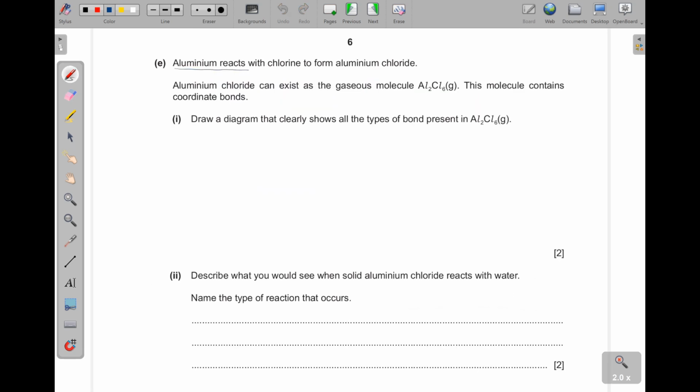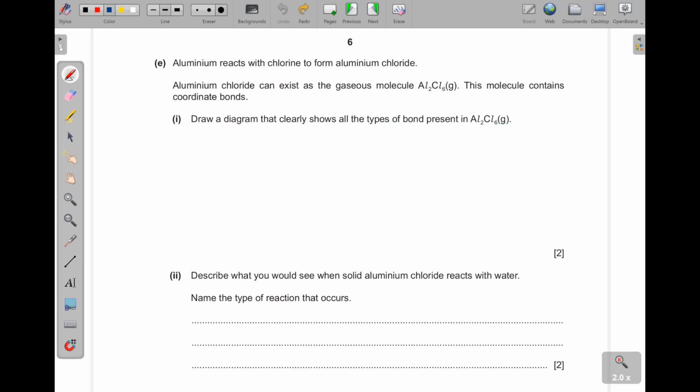Part E, aluminium reacts with chlorine to form aluminium chloride. Aluminium chloride can exist as the gaseous molecule. This one is a dimer. This molecule contains coordinate bonds. And then they say draw the diagram that clearly shows all the types of bond present in this dimer.